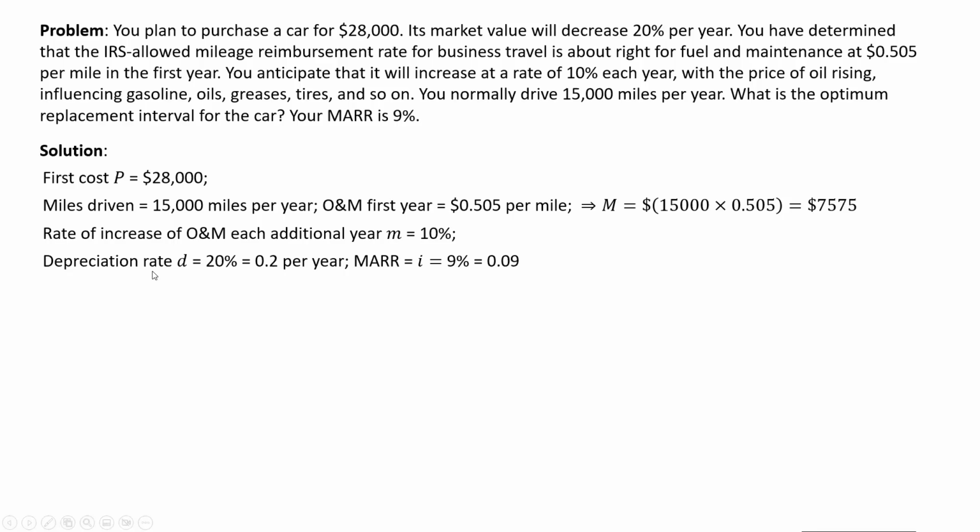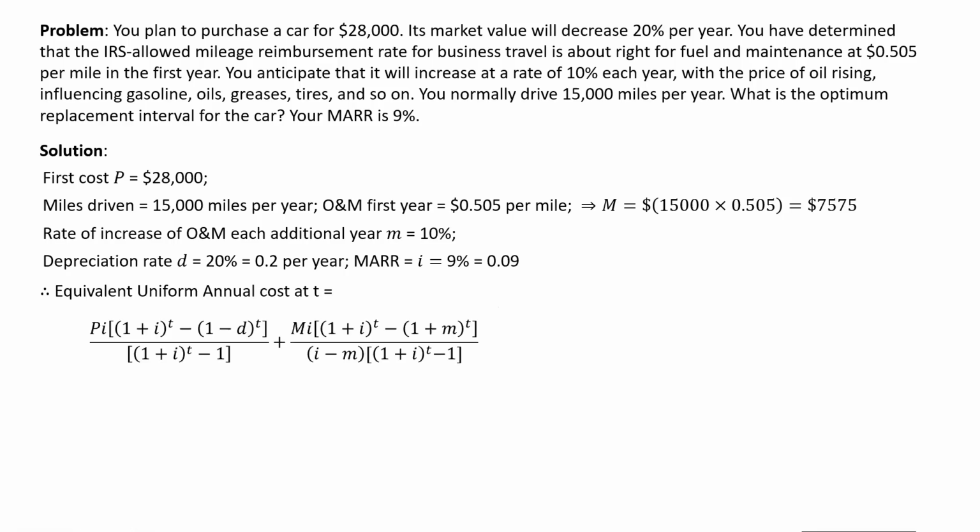Depreciation rate for your car is its market value will decrease 20% per year. So that's what we are saying here. And the minimum attractive rate of return is 9%. And so 0.09. And now this is the good old formula that we have.